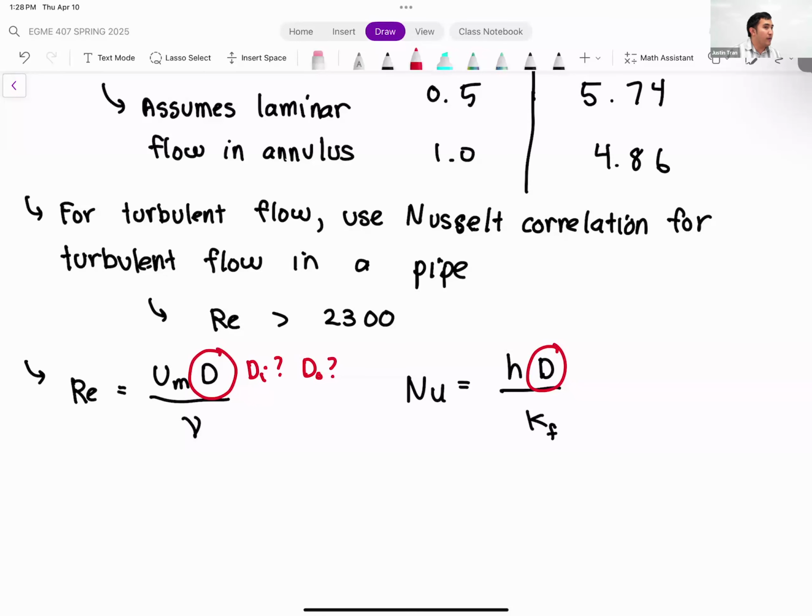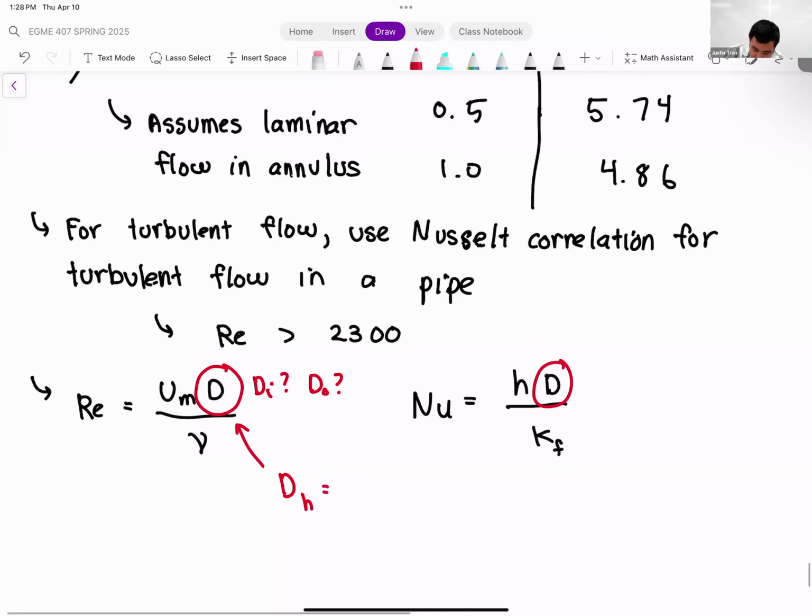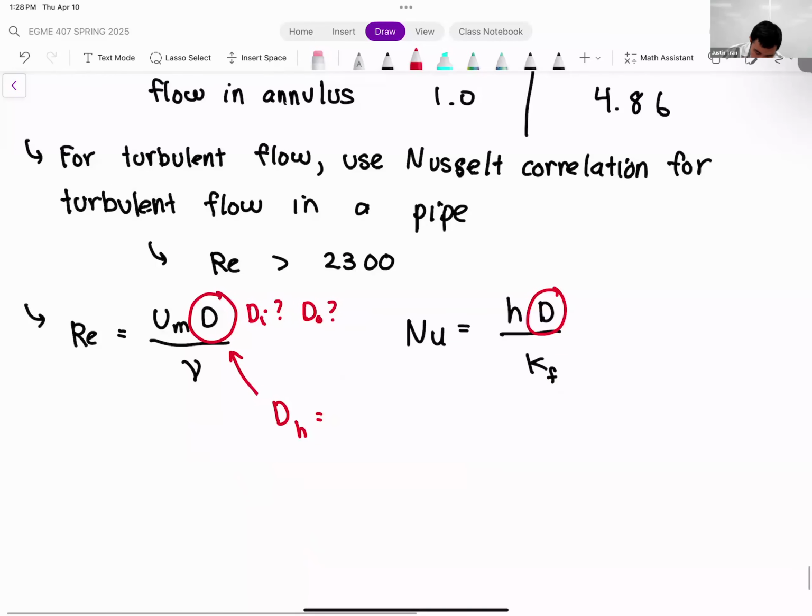So which one do you actually plug in for D in these numbers? Well, it turns out you do neither of them. What you plug in is technically called the hydraulic diameter, but that makes it sound fancier than it actually is. We call it D_H, and it's simply the difference between D_o and D_i. So when you're computing Reynolds number, Nusselt numbers, or any diameter you need for flow in an annulus, just make sure you use the hydraulic diameter.